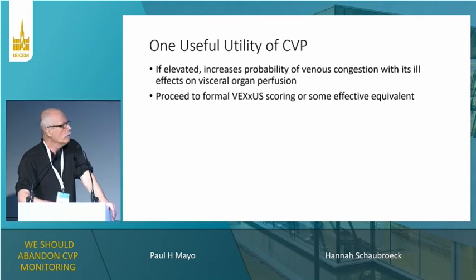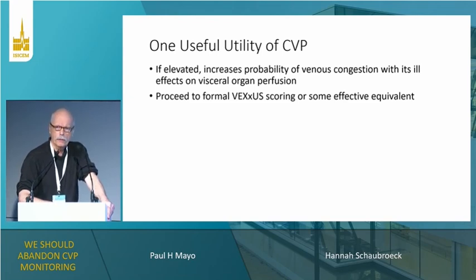We agree that one very useful utility of CVP is it's a marker for venous congestion. But why don't we ask our friends in Montreal about the VEXUS score, or that concept, and as long as you're doing the echo, which all patients require, you might as well make more formal measurement of the true culprit by measuring portal venous inflow, hepatic venous inflow, if you can get it, renal velocity profiles.